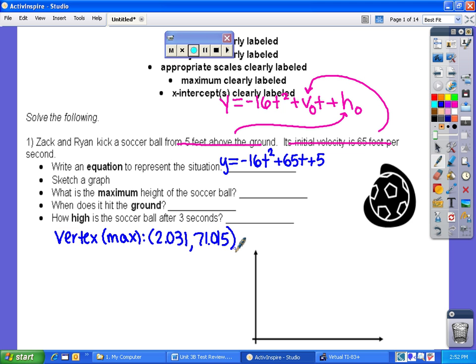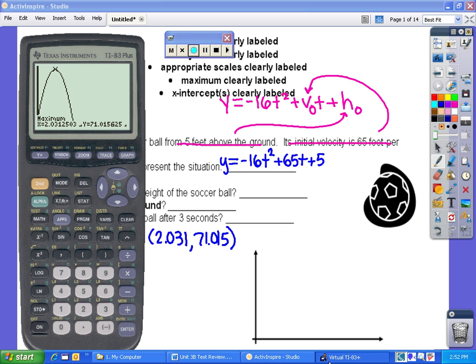Okay, the second thing you want to find is when does it hit the ground. So when it hits the ground, you press second, trace, number 5, and then you want to trace all the way down until you are as close to 0 as possible. Press enter 3 times.